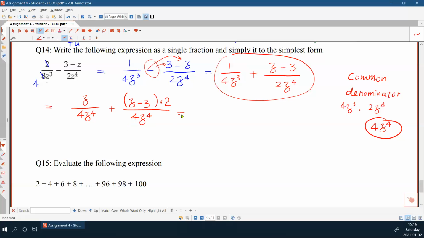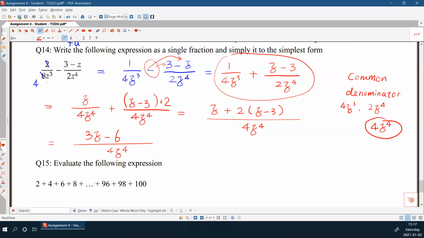Okay, so now the single fraction becomes 4z to the fourth, z plus twice of z minus 3, right? Which gives us 4z to the fourth as the denominator, and 3z minus 6 as the numerator.